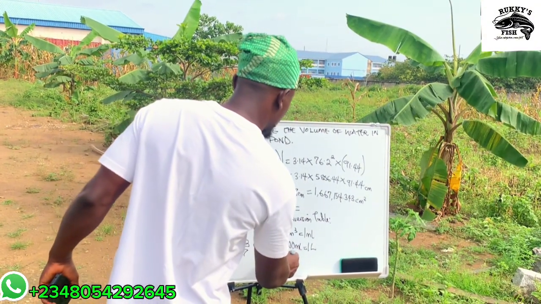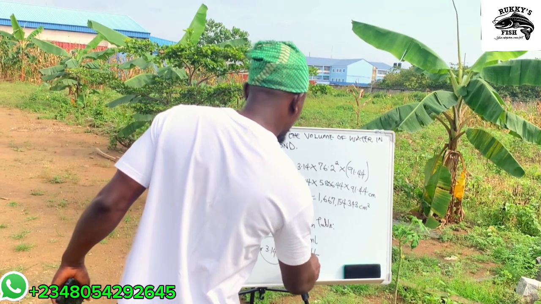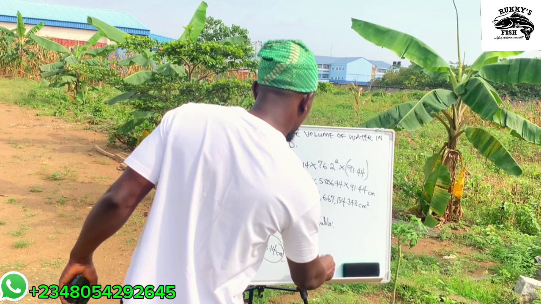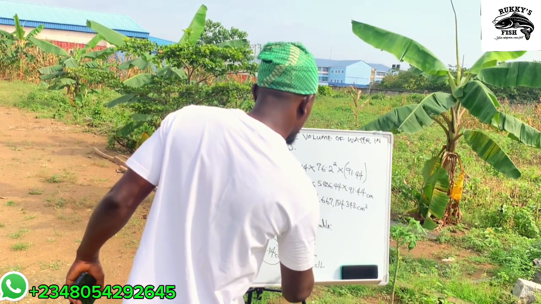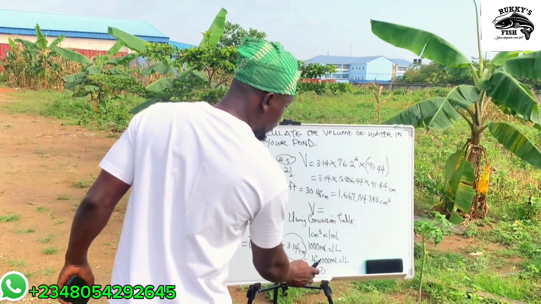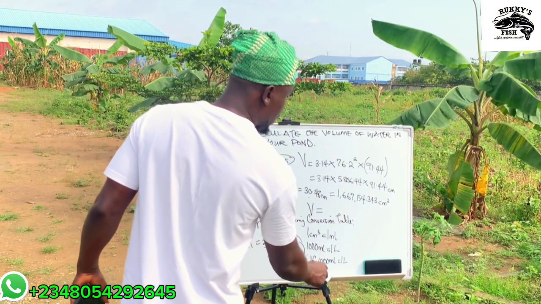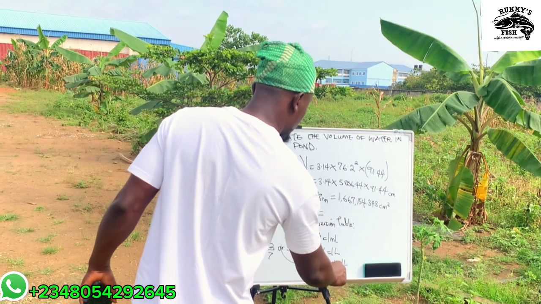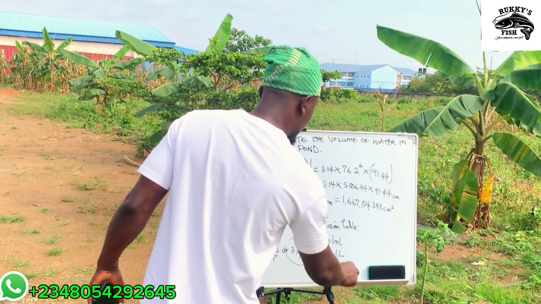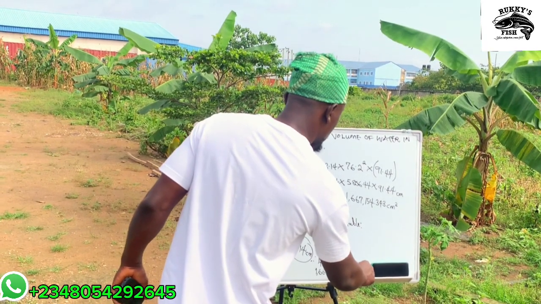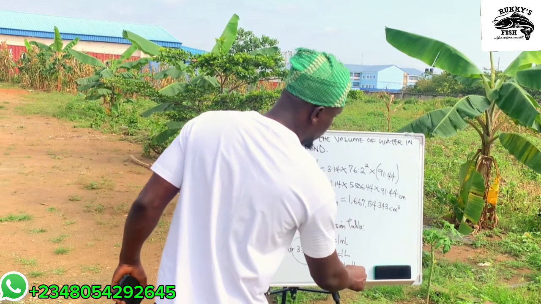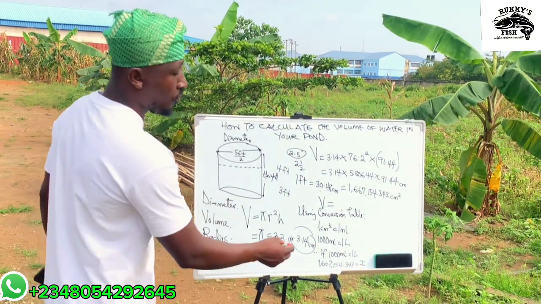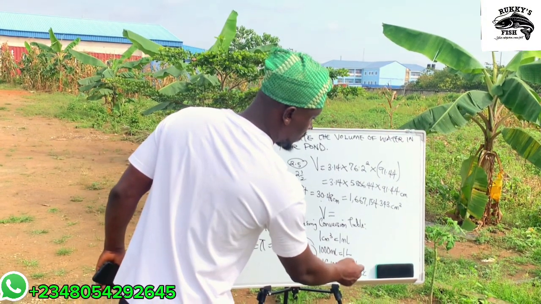Therefore, if 1,000 milliliters is equal to 1 liter, then 1,667,154.343, because we want our answer in liters, is equal to what? X. At this point we just cross multiply.